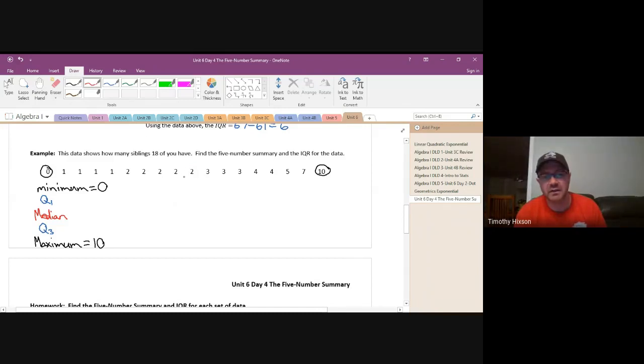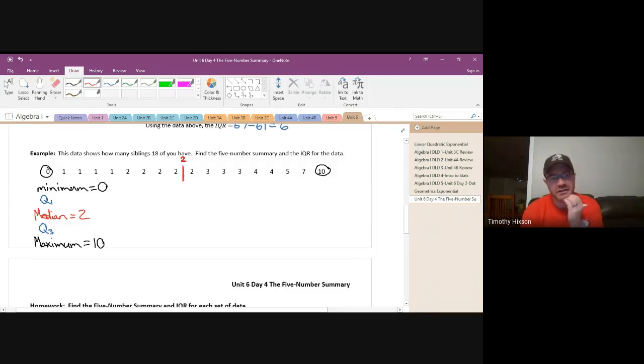So my median is right here. And remember, you take these 2 values on either side and you average them. Since they are the same value, my median equals 2.